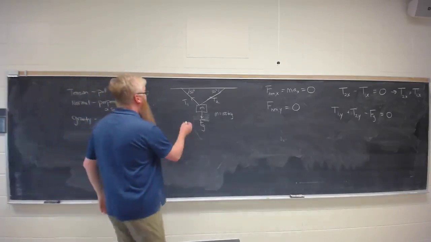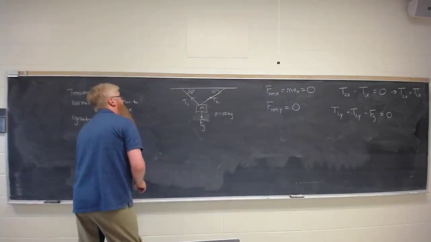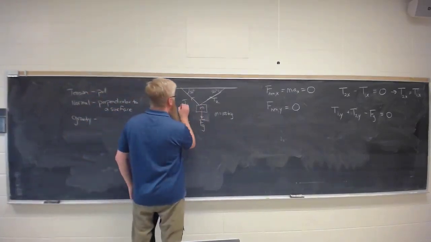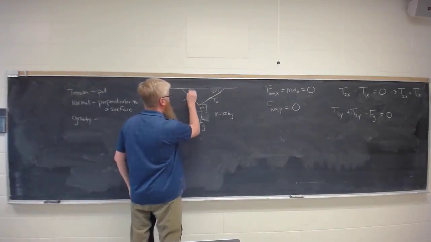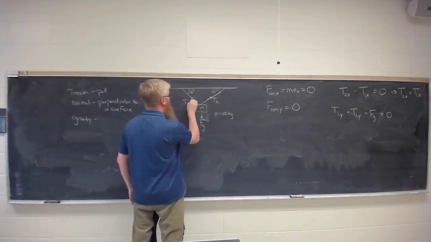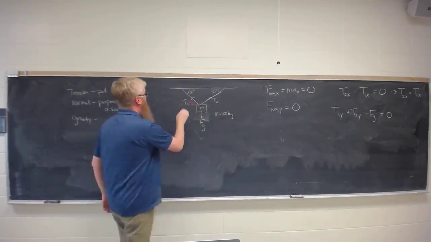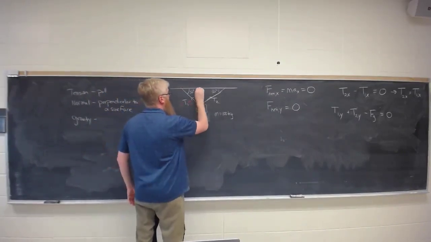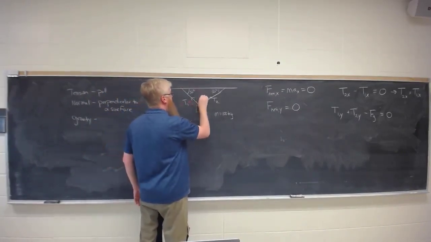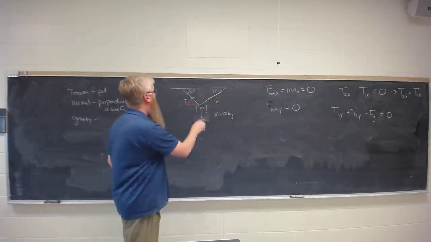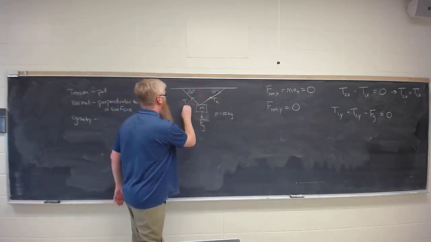But I can use geometry to figure out the X component, right? This is 50 degrees, alternate interior angles are congruent. It's 50 degrees. This is T1y for T1. This is T1x.